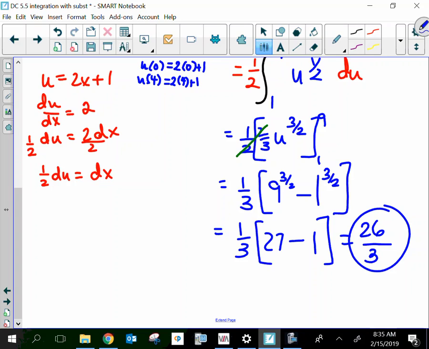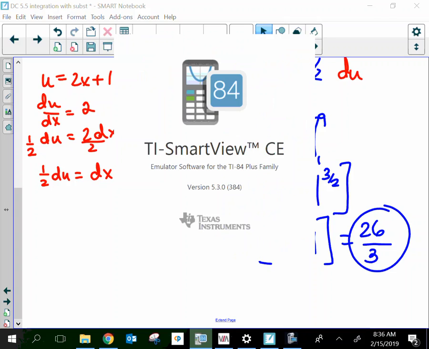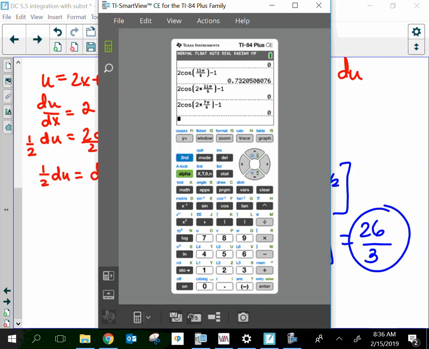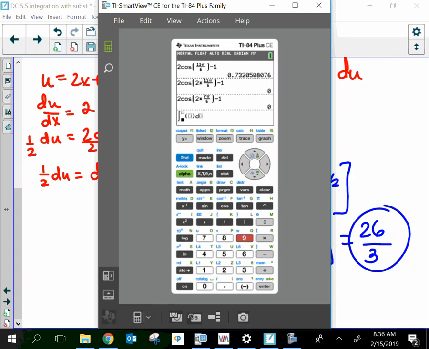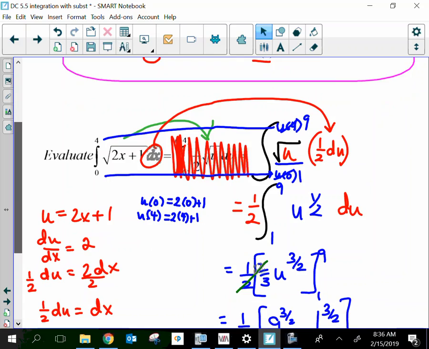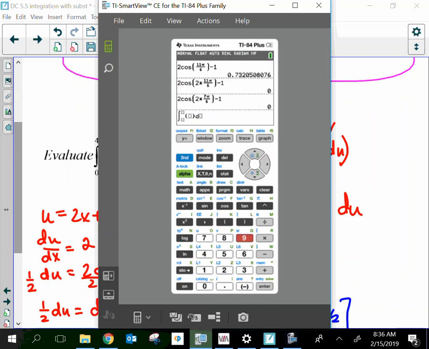Okay? Remember, definite integrals you can check, because I know you want them all right when you show up to class. If this was not one that you could check in the back of the book, then you could check it on your calculator. It takes a minute, but math 9 is an integration. You're going to put in the first one, because that's the one we got to make sure.